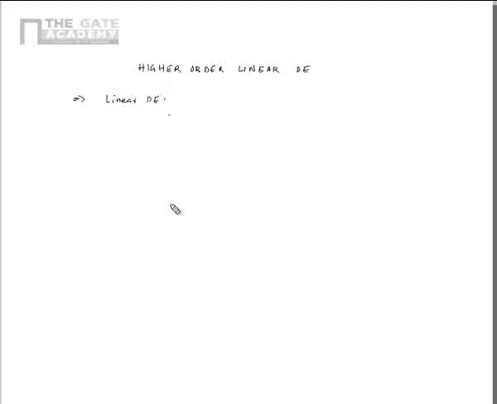So linear differential equation means the dependent variable and its derivatives are in first degree and not multiplied together. Okay, so this we have seen previously itself, I'm just revising it, about the definition of linear differential equation.